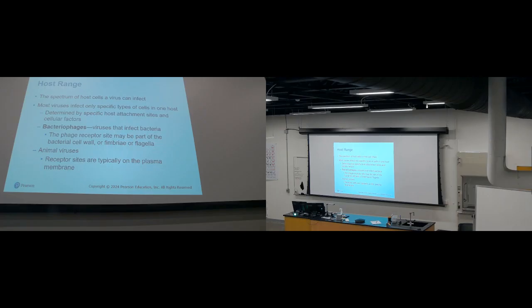In terms of a major classification, whether the viruses infect bacteria or animal cells, we have this subclassification. We have some viruses that infect only bacteria. These are the bacteriophages, or phages for short. The receptor for these phages can be found either in the bacterial cell wall, in the fimbriae, or the flagella.